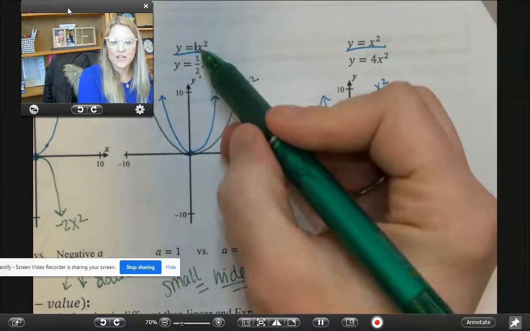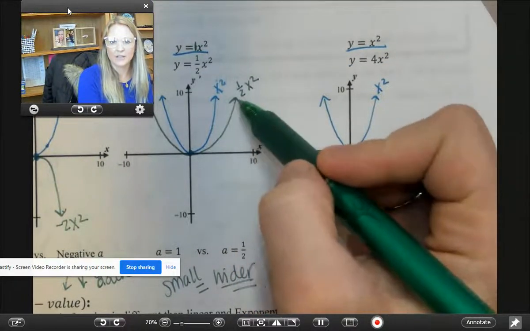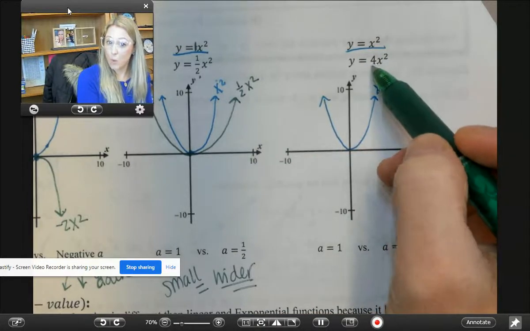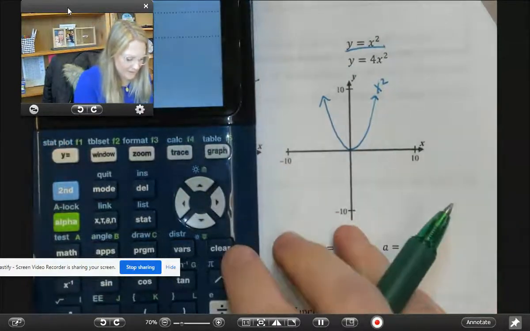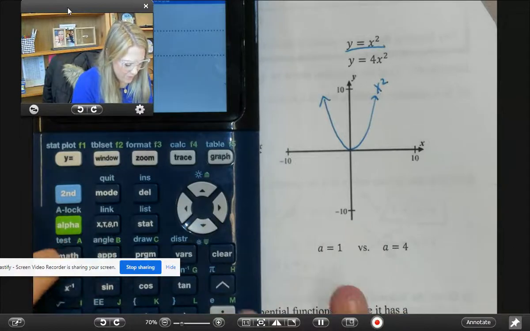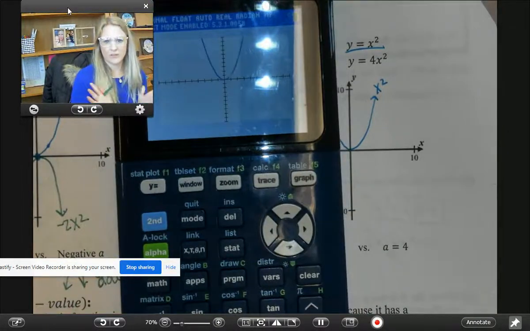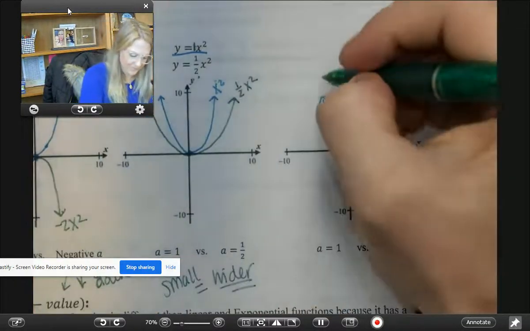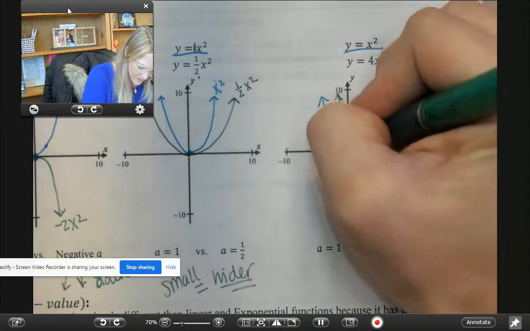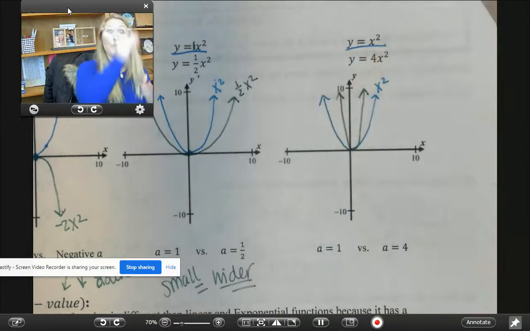So if changing it to a 1/2 made it wider, what happens if I change it to a 4? Well, let's see. 4x squared. All right, there's my original graph. A is 1. And when I change that a value to a 4, woo, steeper. Because it's going up 4 over 1.